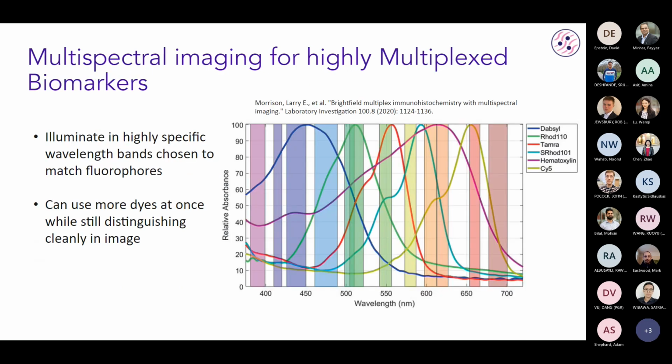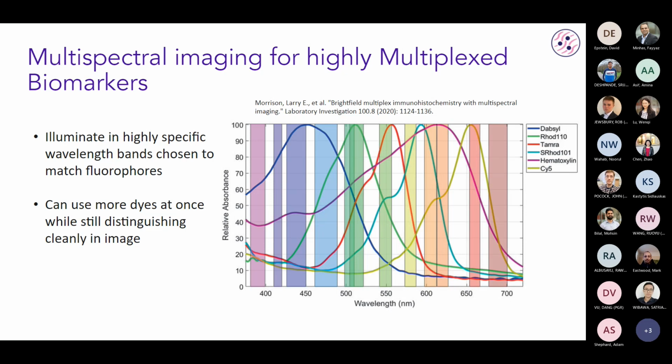So some examples of how it has been used. The first example is multispectral imaging for highly multiplex biomarkers. Essentially what's happening here is they've chosen particular bands of illumination to match with the spectra of the various dyes that they want to image all at once in a multiplex manner on a sample.